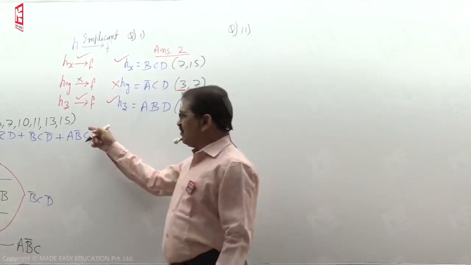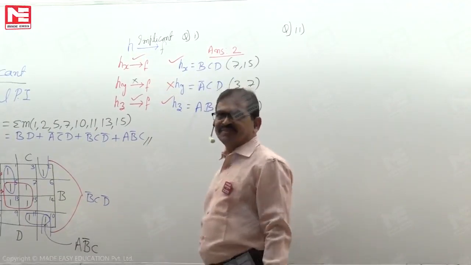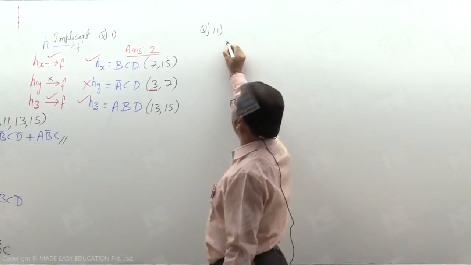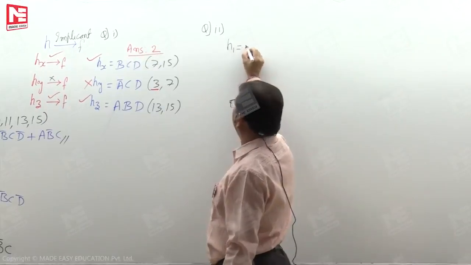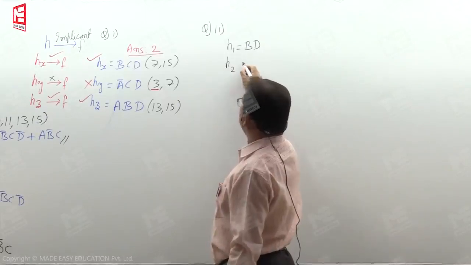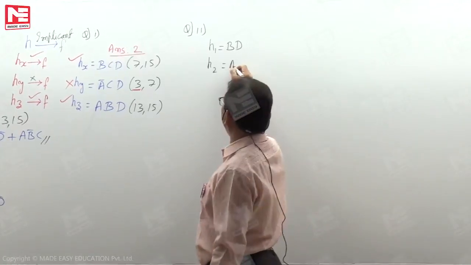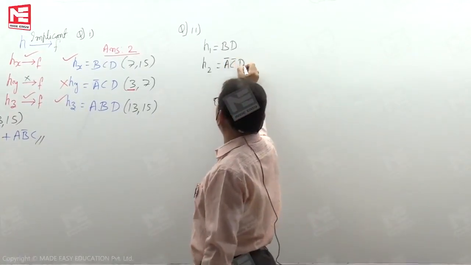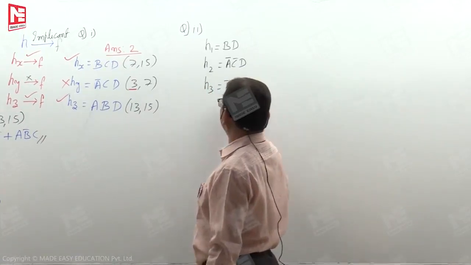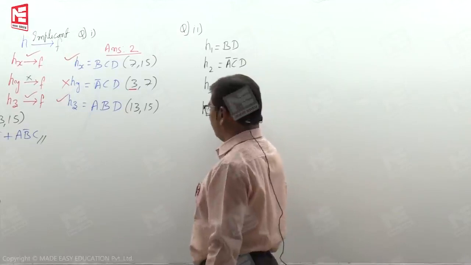For the given function f of ABCD, same function, from the given product list, how many products are prime implicants of the given function?